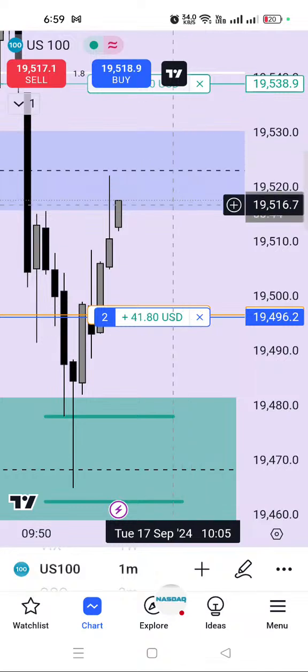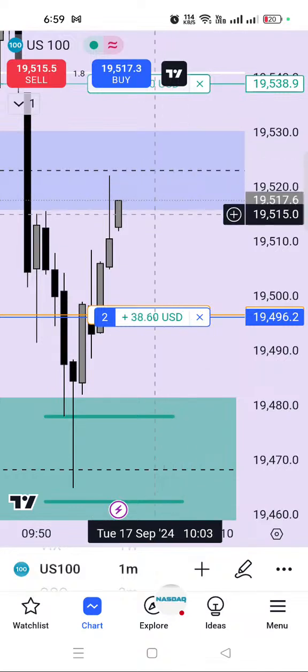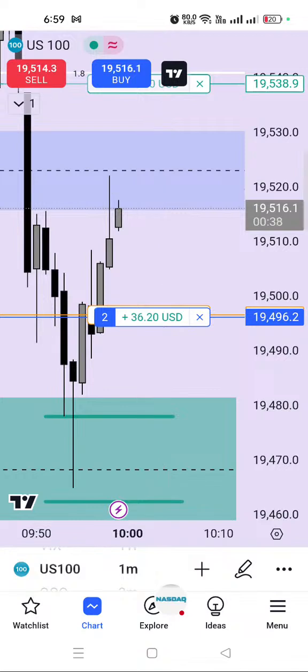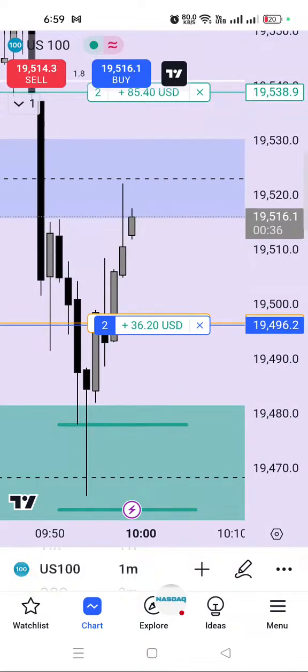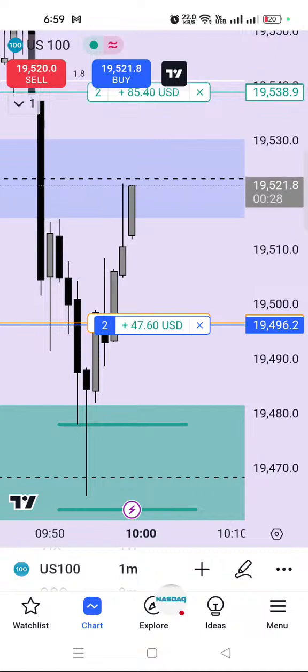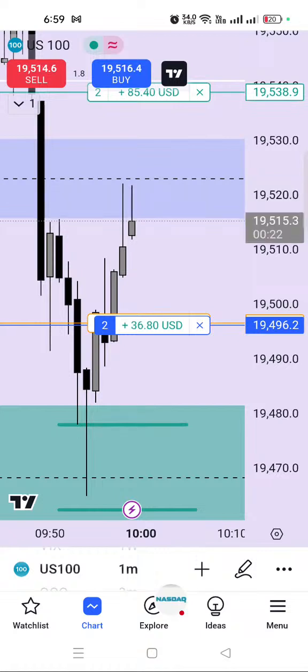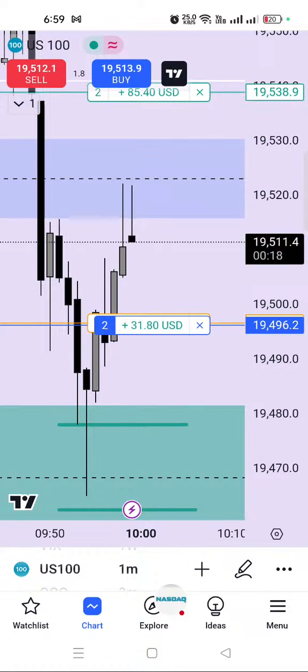We can get rejection from this blue box. I want the price to use this as support, not use this as a ceiling. I am basically 1-to-1 risk to reward ratio मेरा complete हो गया है. I could have closed this on 1-to-1, but I'm not gonna.